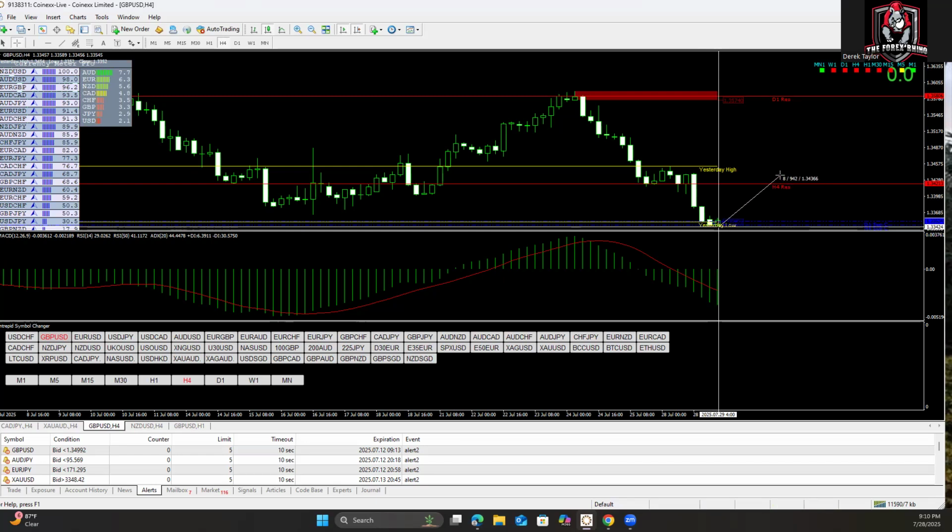Now, the cool thing about this upper movement is I see automatically I only have two points of support and resistance here. I have two resistance lines. Two. That's it.